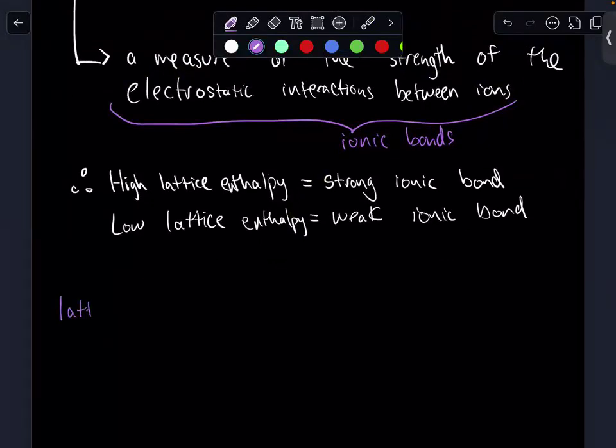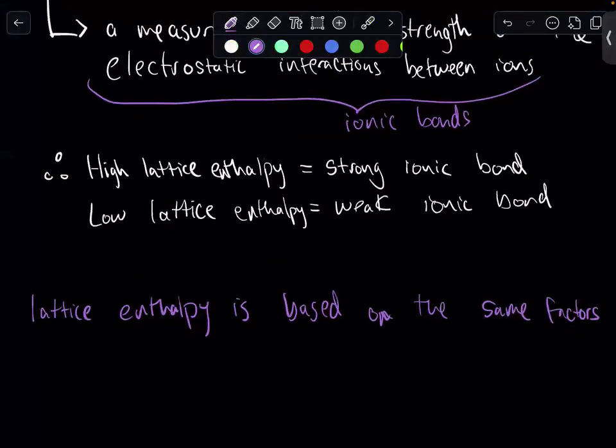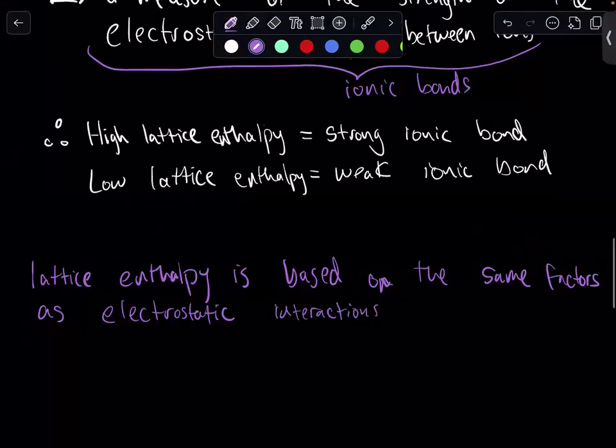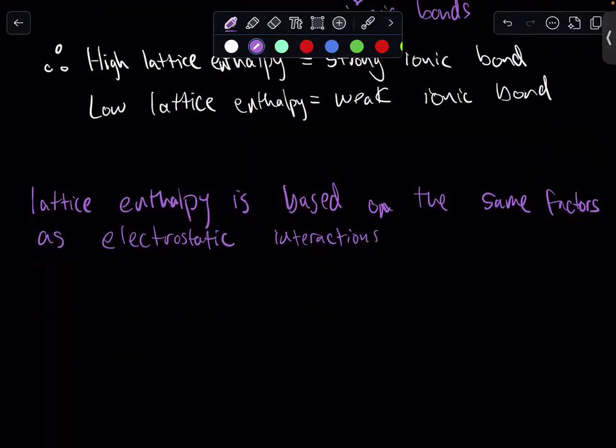So we can say lattice enthalpy is based on the same factors as electrostatic interactions. So those forces that hold charged particles, it's the same thing. So we could talk about ionic radius, so the size of the ions that make it up, which is just size.